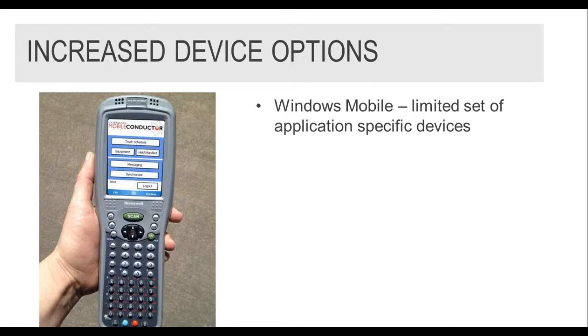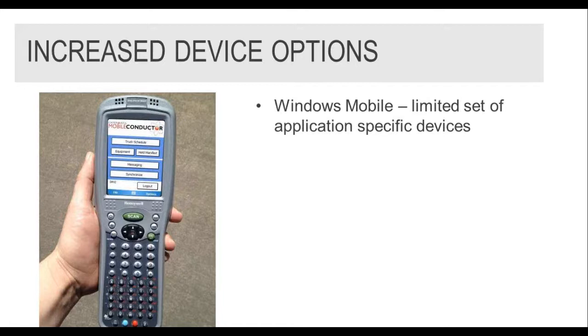These devices obviously provide the ability to be dropped. They could get wet. They would have Bluetooth scanning, different functionalities like that that the average consumer-grade Windows mobile device just didn't have. But there's just a limited set of those. These devices were also pretty limited as far as what people were doing with them.